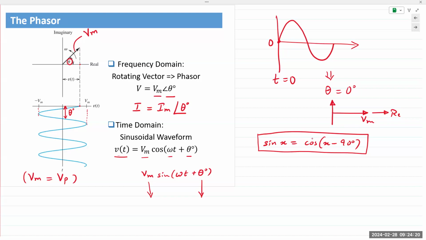Now, one important thing is that if you wish to write the phasor directly, the time domain expression must be in cosine, not sine.